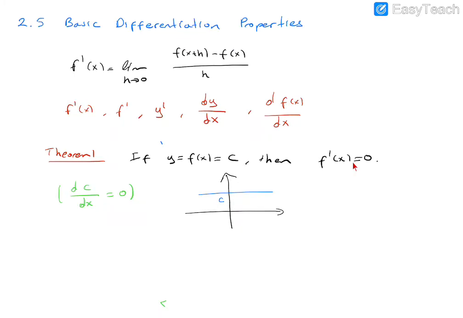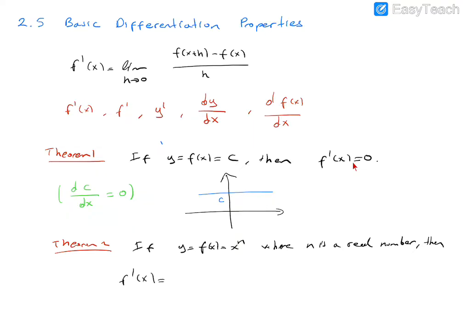Our second important rule is the power rule. It is a theorem too. If the function y equals f of x equals x to the power n, where n is any real number, it does not have to be an integer, then f prime of x equals n times x to the power n minus 1.